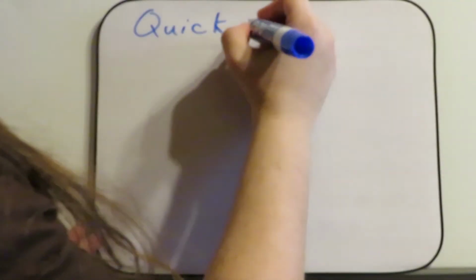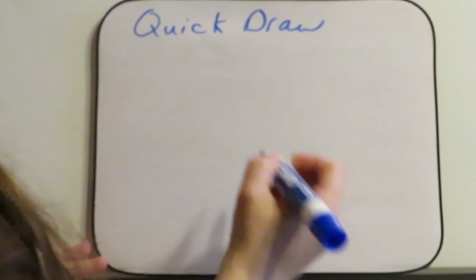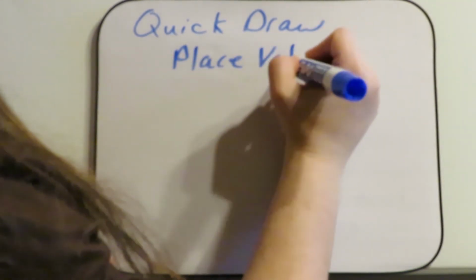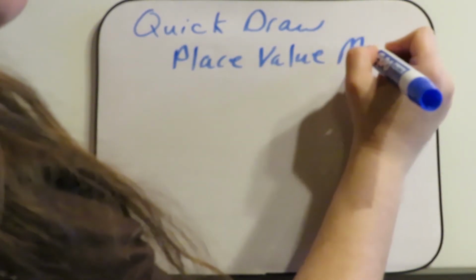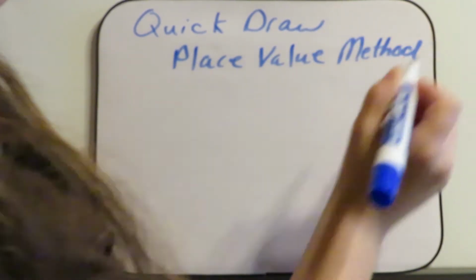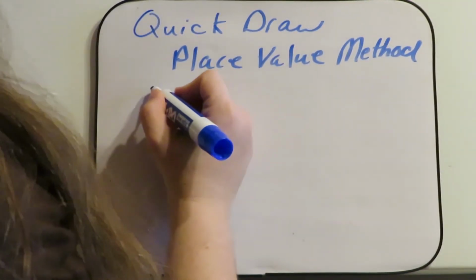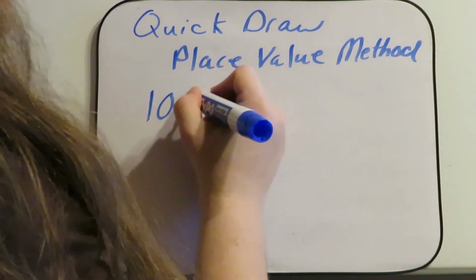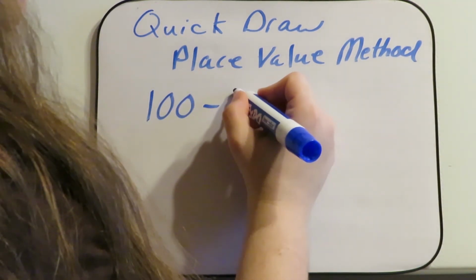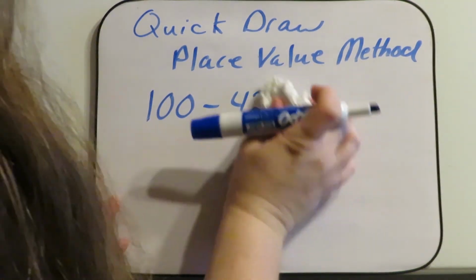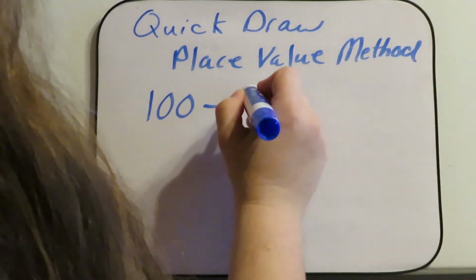Now, we're going to try something called the quick draw or place value method. Okay, to use this for subtraction, here's an example. 100 minus 42. Actually, let's just try 100 minus 7.